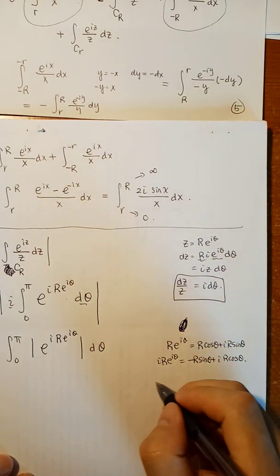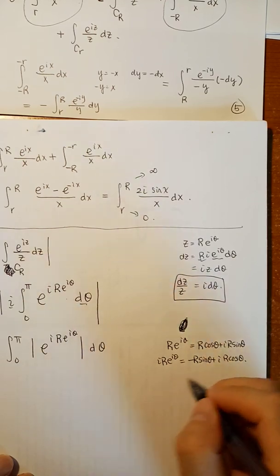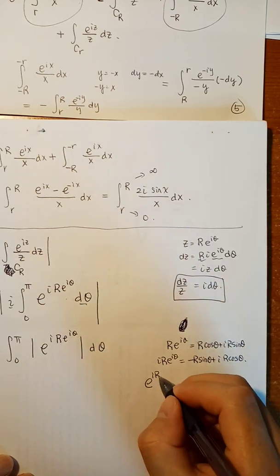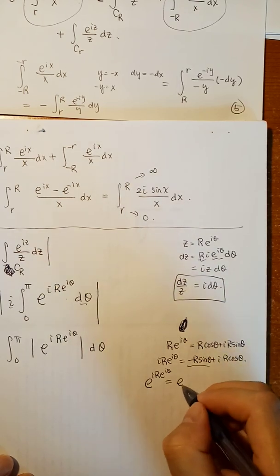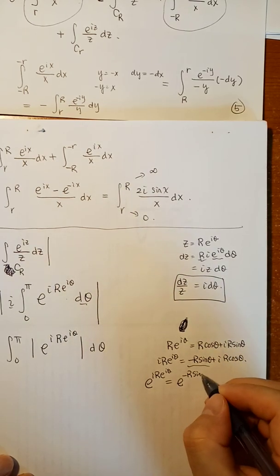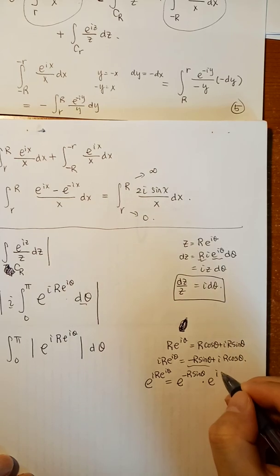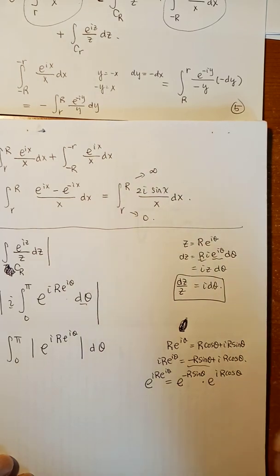And put the exponential function e, so you have e^{-R sinθ} times e^{iR cosθ}.